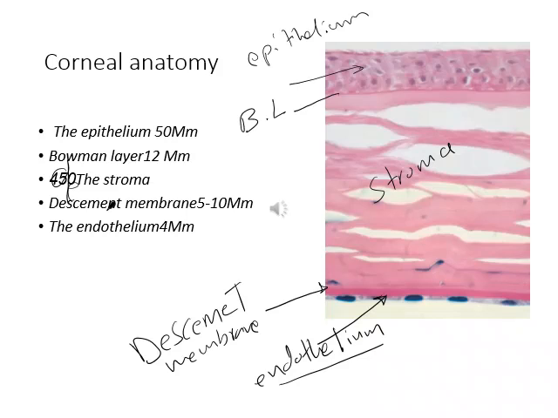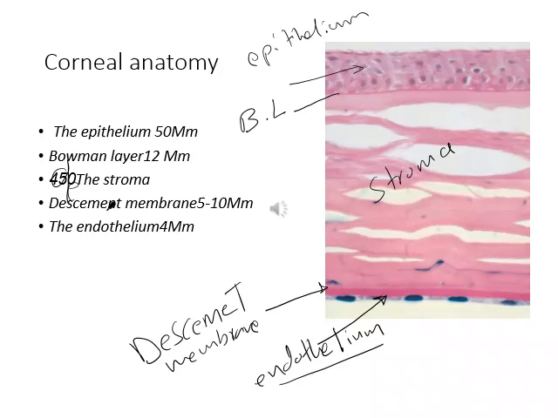An important point: the stroma, if it gets damaged, cannot regenerate. Then the Descemet membrane, which is a fine lattice work of collagen fiber, and this layer has a regenerative potential.